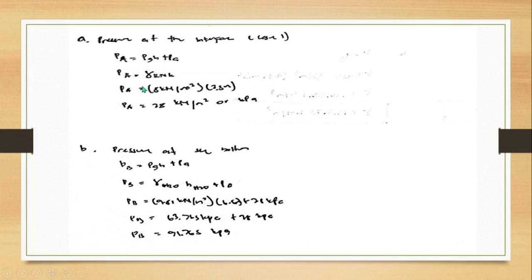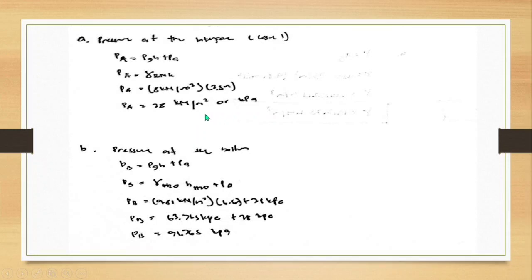P is equal to the specific weight in kilonewtons. Substituting our given, 8 kilonewtons per meter cubed, times 3.5. Calculating, we get 28 kilonewtons per meter squared, or kPa.